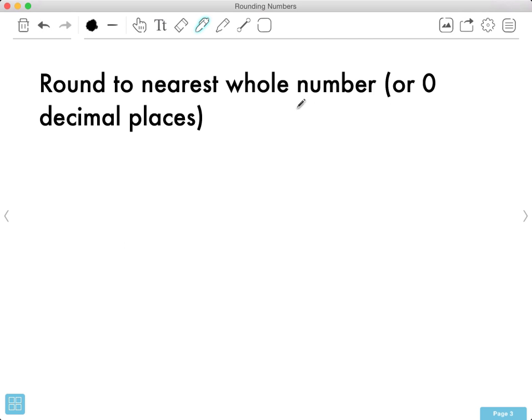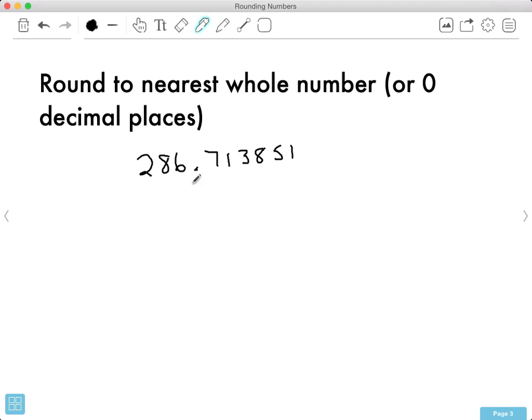The other instruction you might get is to round to the nearest whole number. What this means is they don't want any decimal places. Round to 0 decimal places and get rid of the decimal part. So if we're looking at the number 286.713851 and you're told to round to the nearest whole number, that's not the first decimal place or the second or the third. That means round it off right here.